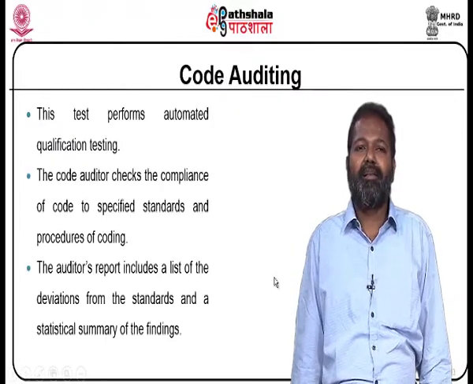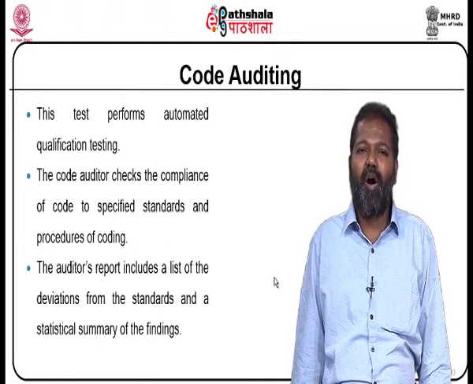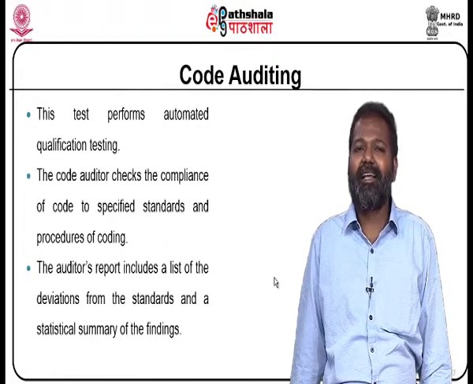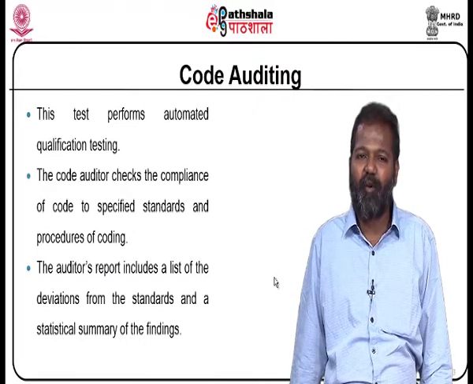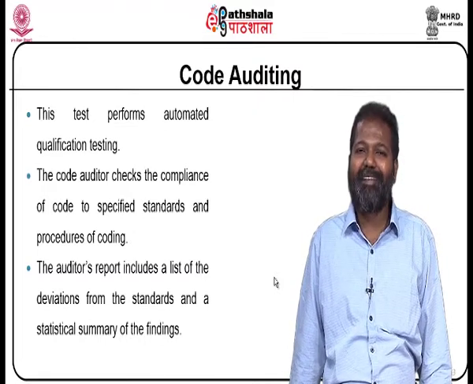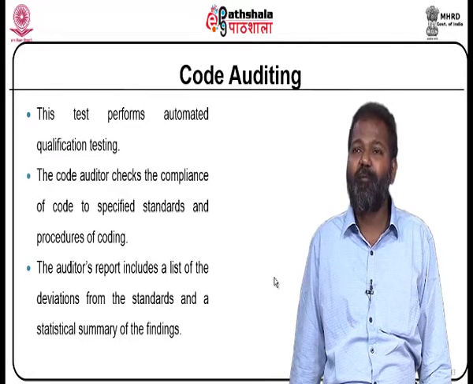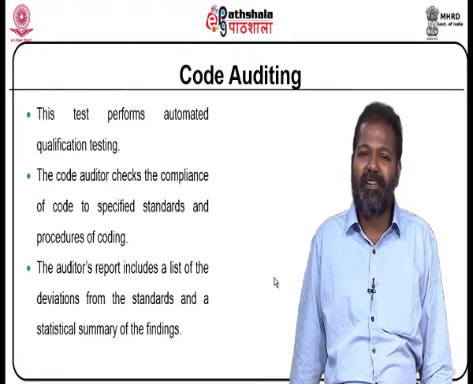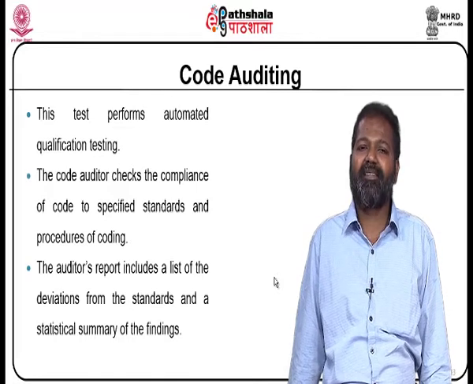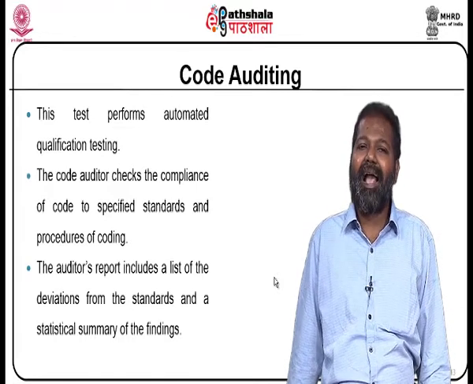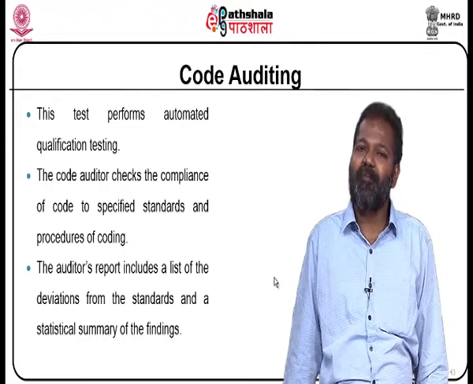Code auditing. This test performs automated qualification testing. The code auditor checks the compliance of code to specified standards and procedures of coding. The auditor's report includes a list of the deviations from the standards and a statistical summary of the findings.